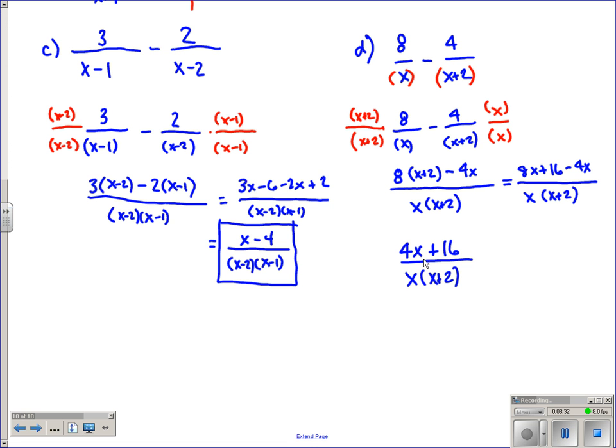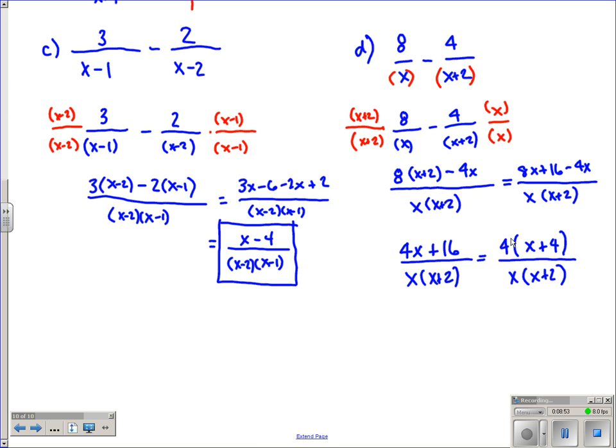Now we get down to this last step and we want to ask ourselves, does anything factor? This one still factors on the top. If we take out a 4, we're going to have the quantity of x plus 4 left over x times the quantity of x plus 2.